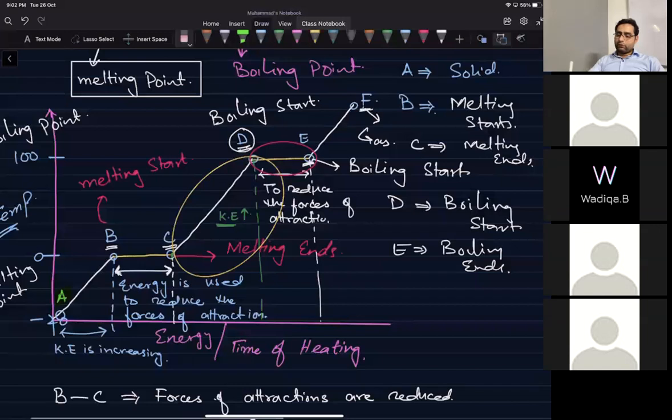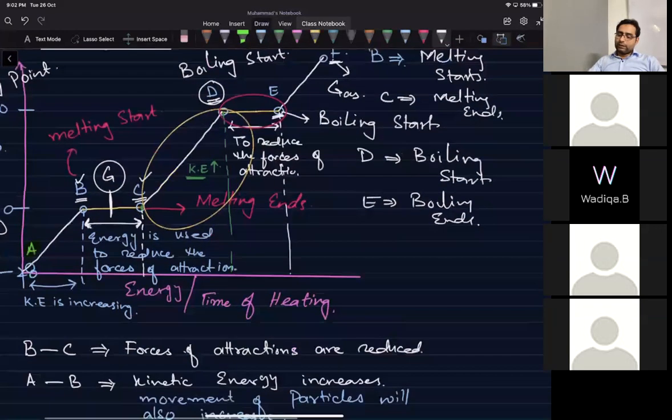Now here, I have a question. What should be the state of matter between B and C? This is a point which is G. What should be the state at point G? At point B, melting starts, and at point C, melting ends. So between B and C, there will be solid plus liquid.